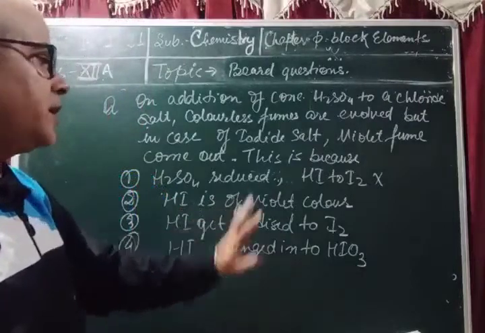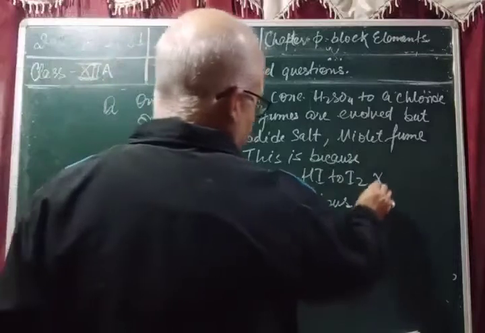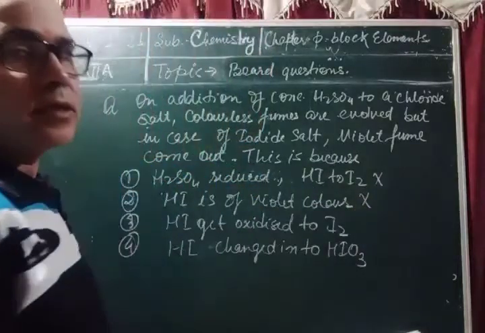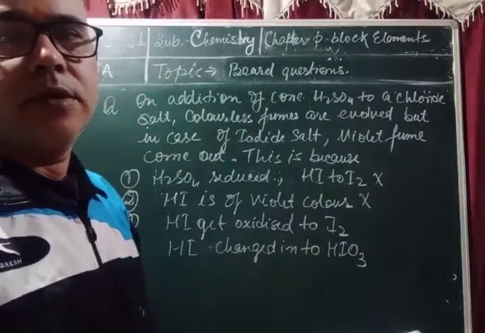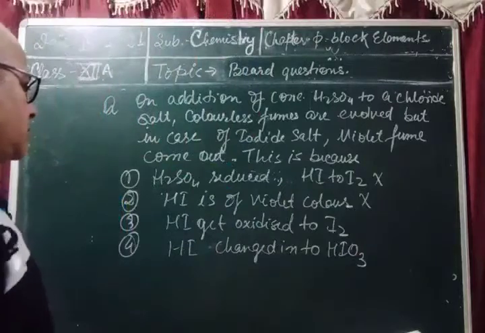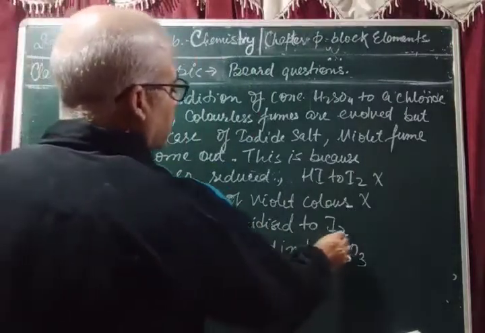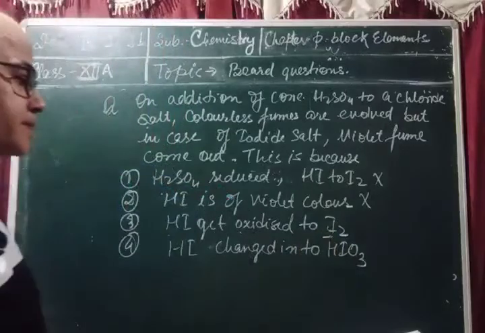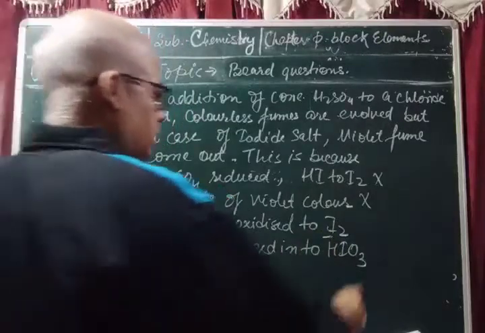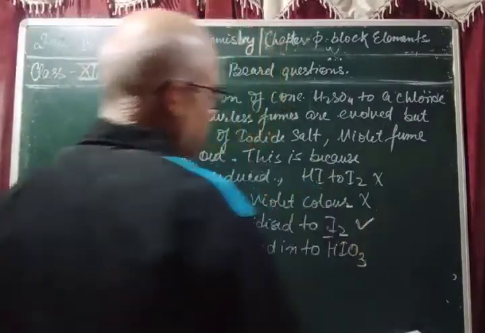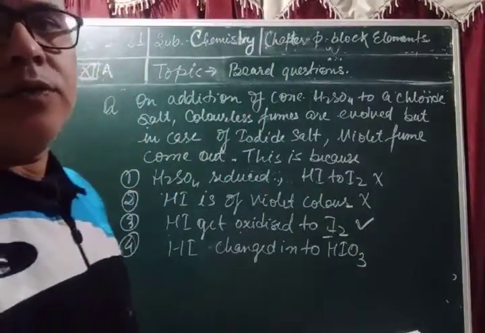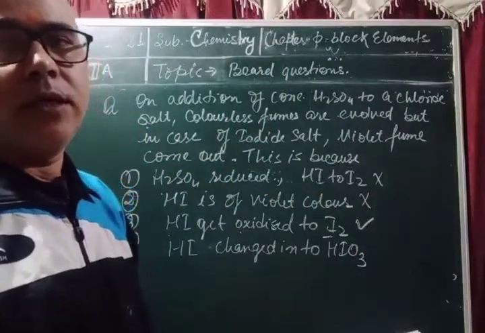HI is of violet color is also wrong. HI is not violet, but HI gets oxidized to I2. This is the correct answer because iodine is of violet color.